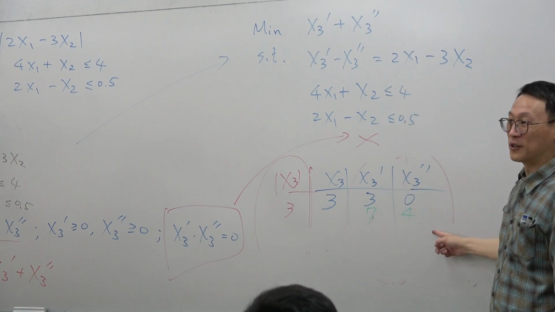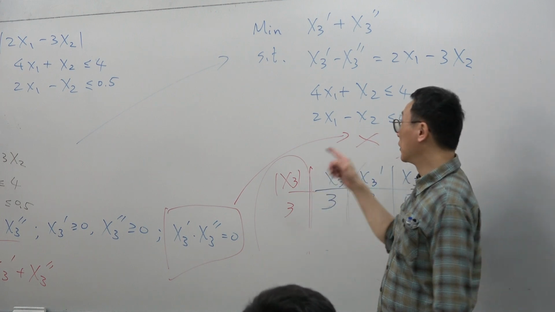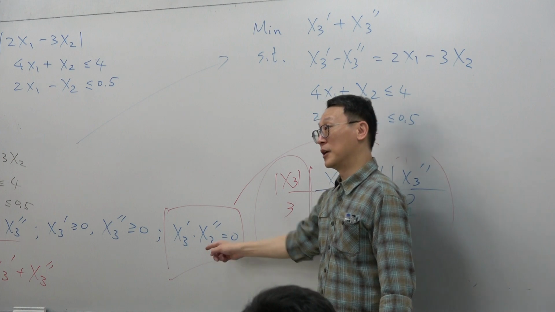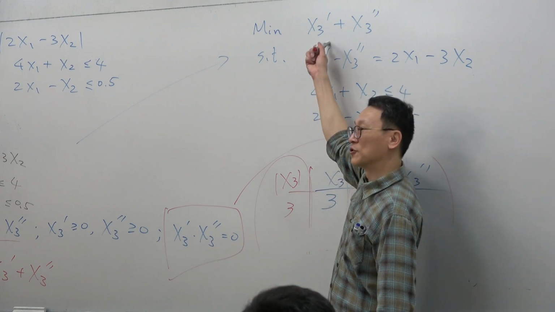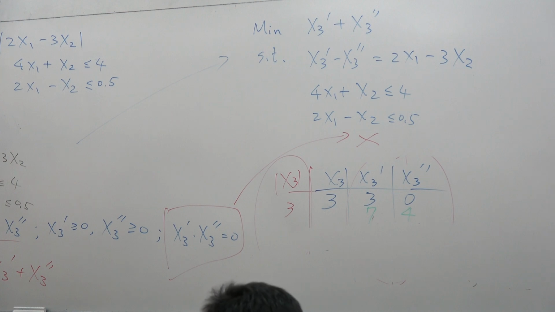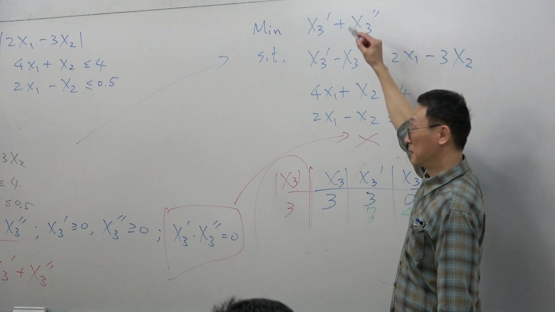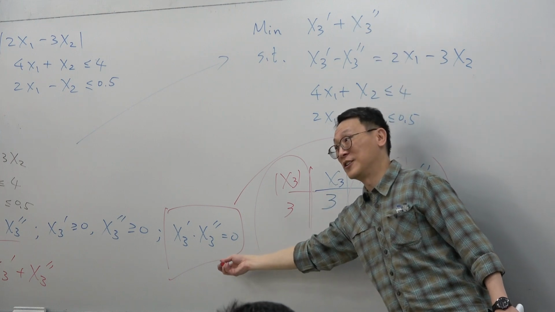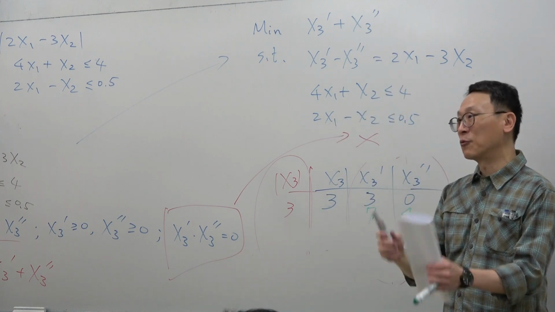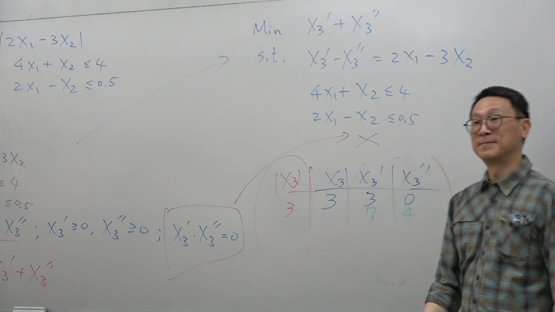I will not choose this one. Okay? So the reason I don't have to write this down is that it's the objective function. Okay? But sometimes, if there's a maximization problem, you need that. So it means that we are in trouble. We have to transform them again. Okay?